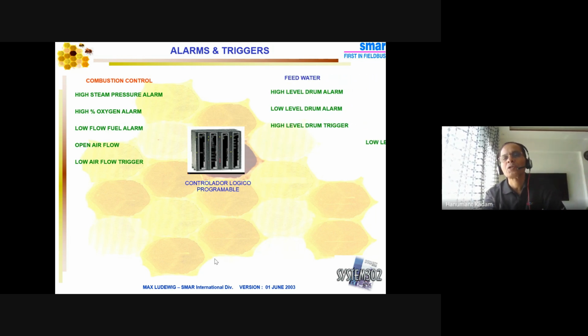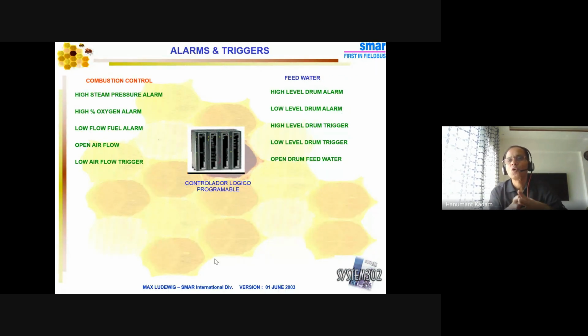Similarly, for feed water, alarms and triggers are high level alarm, low drum level, high drum level trigger. Means it is above the alarm. If your alarm is not acknowledged, or you have not taken action, then it goes to the trigger tripping point. Low level tripping and low drum feed water. These are the alarms for feed water.